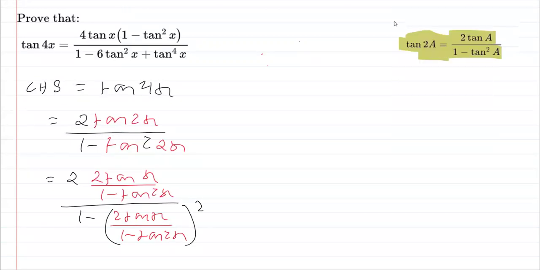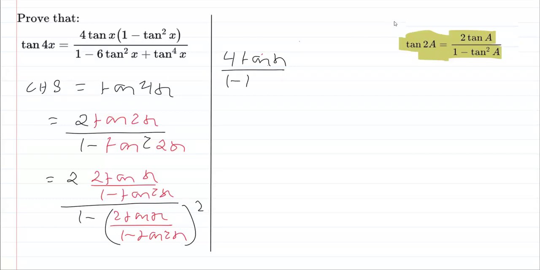Now for further calculation, we can see that 2 multiplied by 2 is 4. So the numerator will become 4 times tan x, that divided by 1 minus tan square x. And that divided by this part.